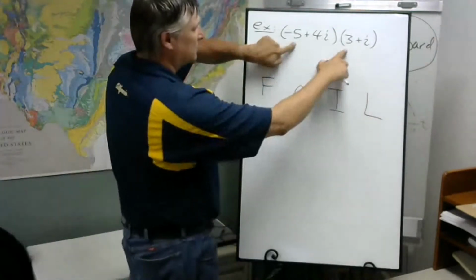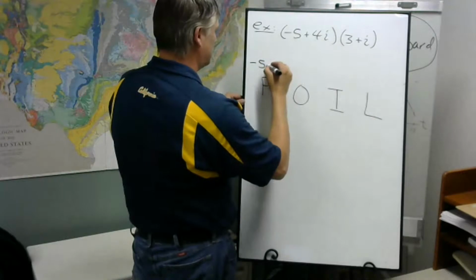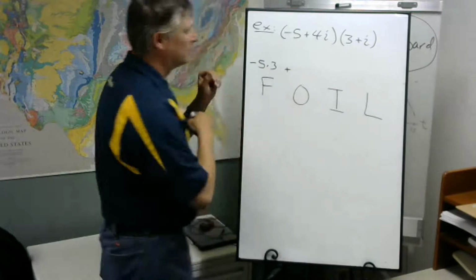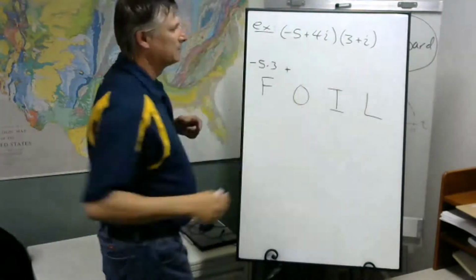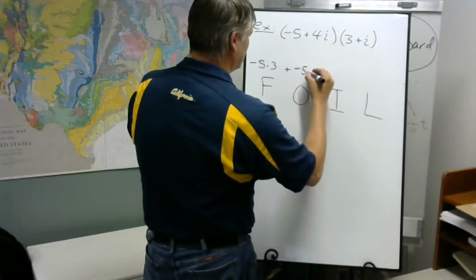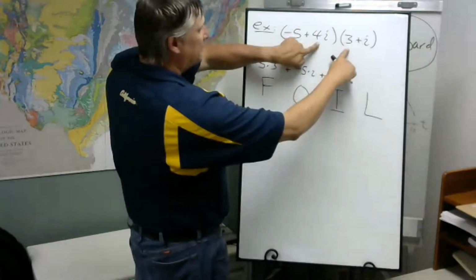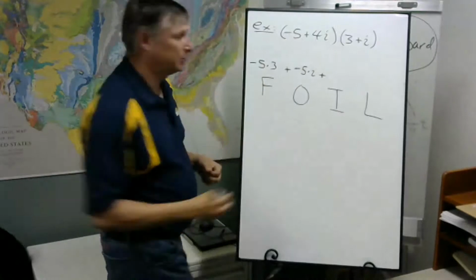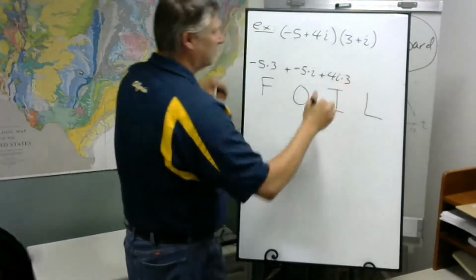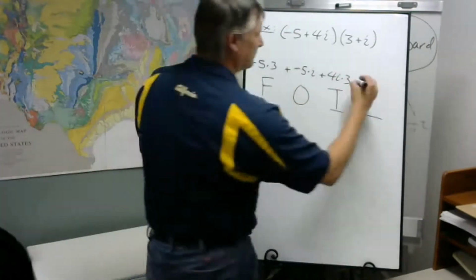So the first terms of each binomial, the outer terms of the multiplication, the inner terms of the multiplication, last terms of the binomials.